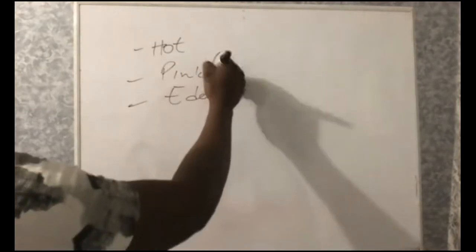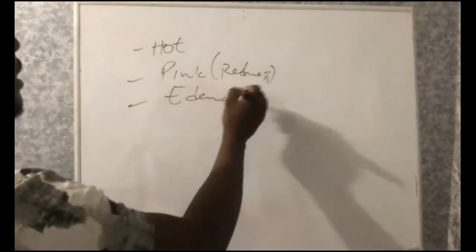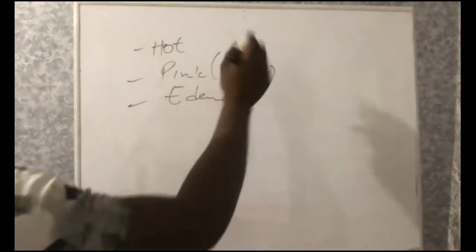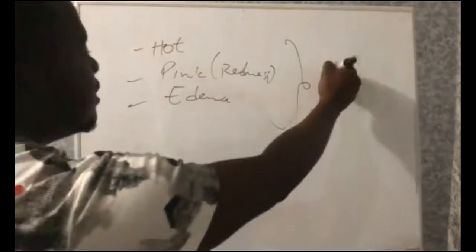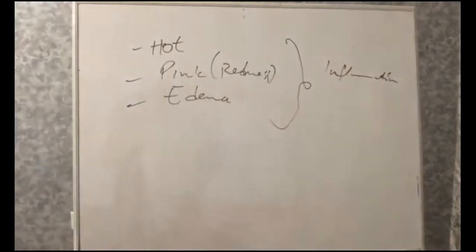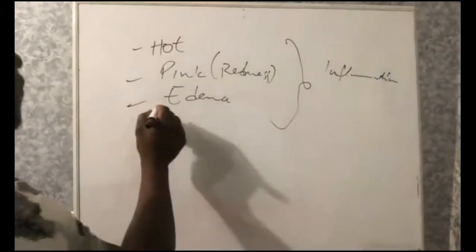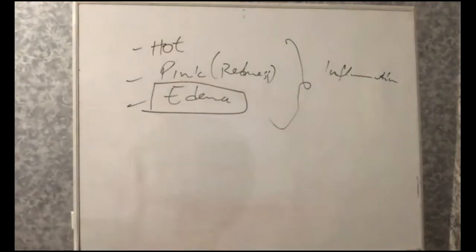Pink here can be redness, right? Edema, and obviously probably the patient will experience pain. And these are all signs of what? Inflammation. So it means an inflammatory process was going on. But they want to find out why the patient had the edema.